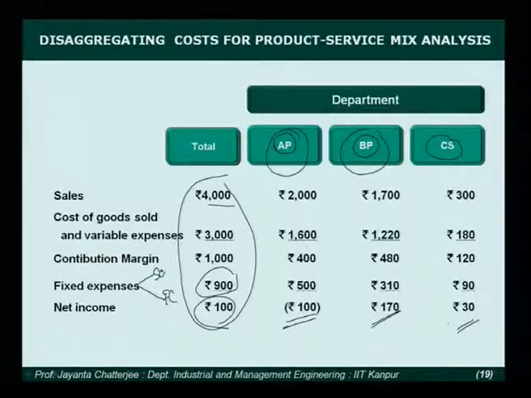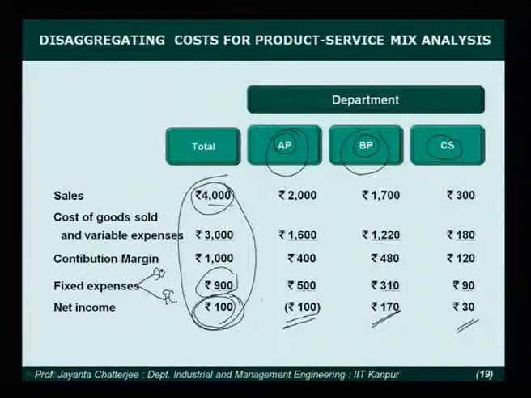This is just an imaginary example. So obviously if we are not happy with our net income of 100 on 4,000, which means it is not even 10%, we are just at about 2.5% return on sales, then how can we improve on this?